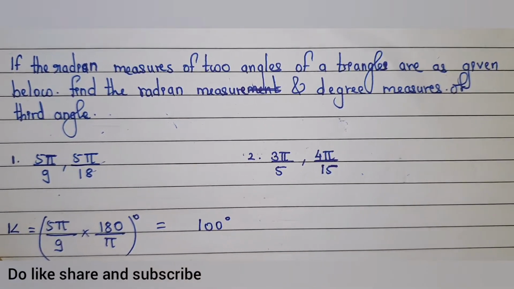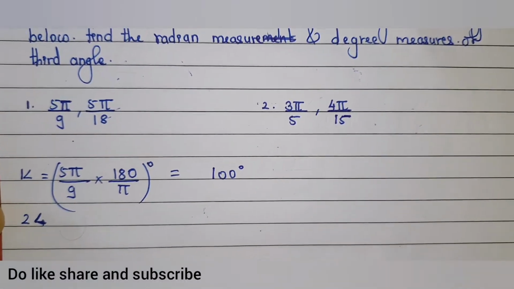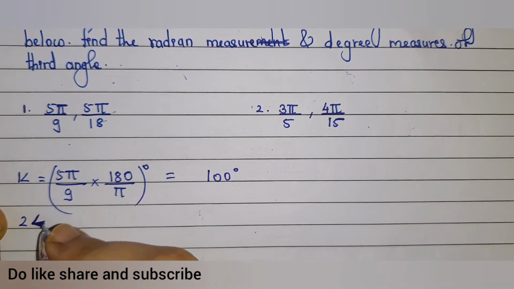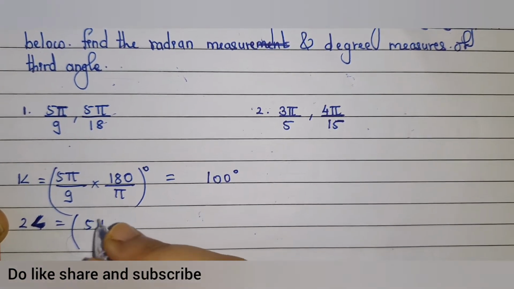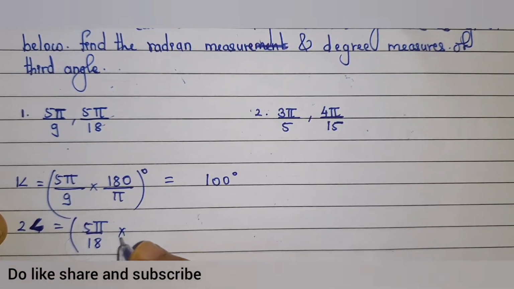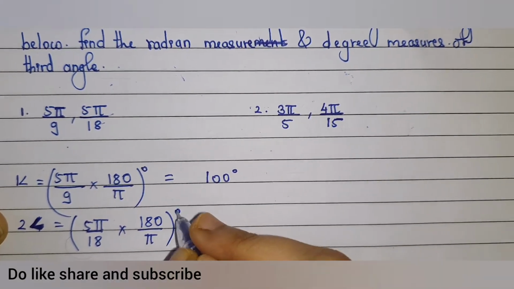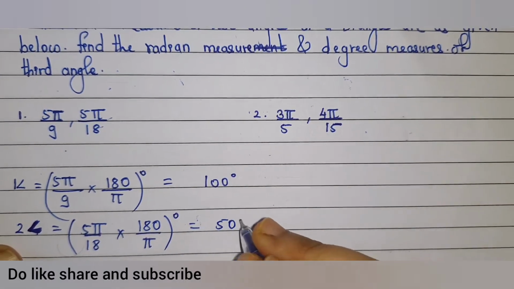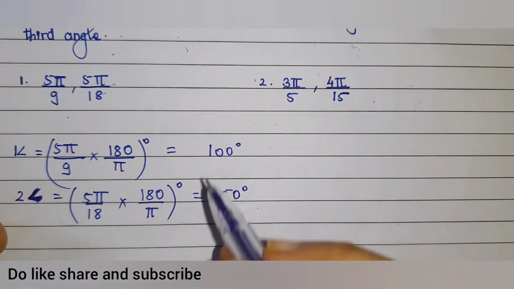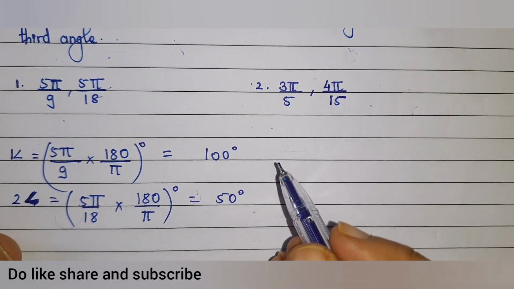And second angle is equal to 5 pi by 18 into 180 by pi degrees. It will be equal to 50 degrees. So we have two angles in degrees and we have to find the third angle.